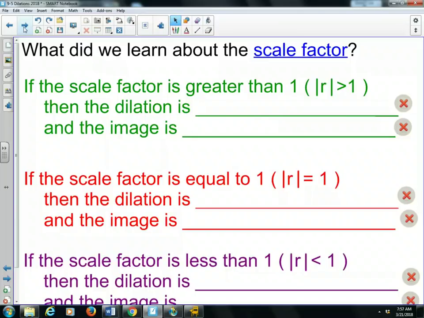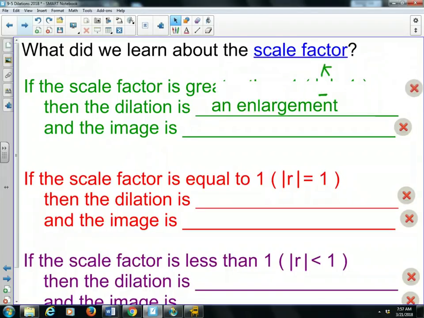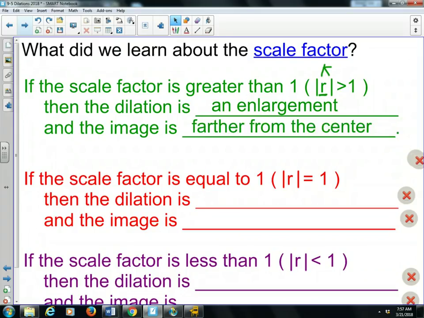Scale factor is sometimes referred to with the letter R, and other times it's referred to with the letter K. So when the scale factor R or K is greater than 1, we call that an enlargement, and the image is farther from the center.